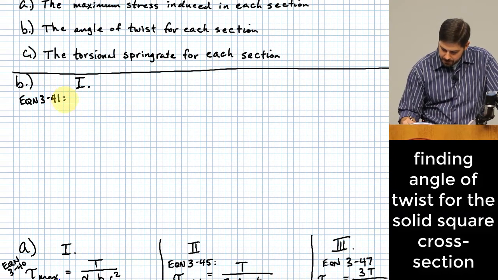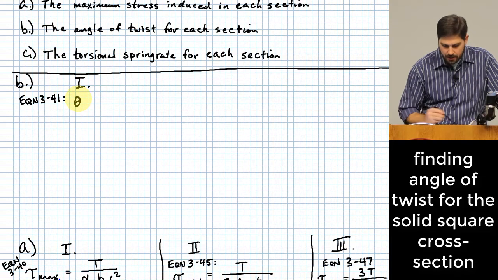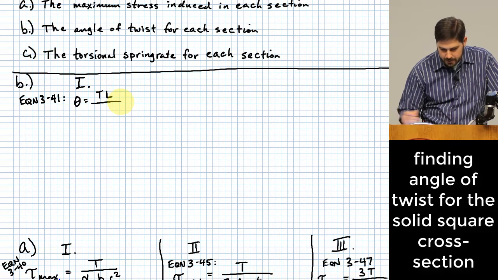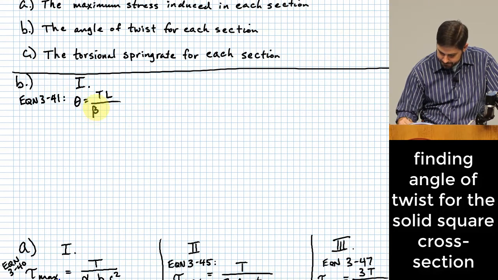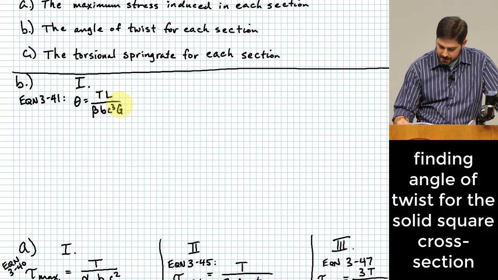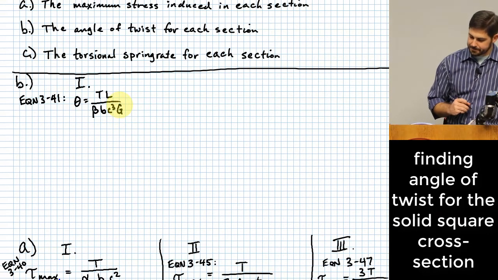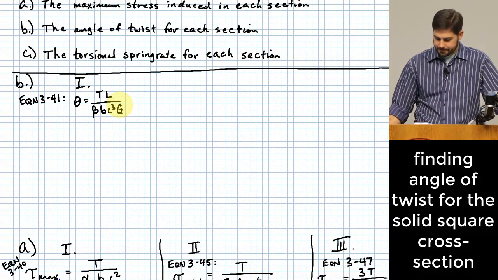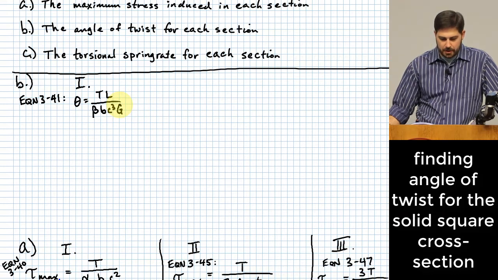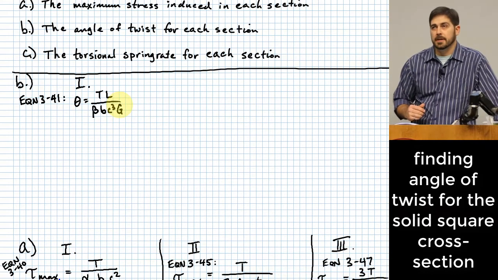Okay, equation 341 says that our angle of twist is going to be equal to TL over beta times B times C cubed times G, where G is the modulus of rigidity. All right, so we're going to plug in what we know for this scenario.